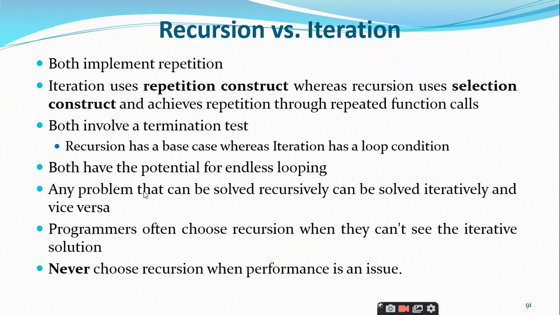Right. Now let us discuss recursion versus iteration. As we have discussed, both of them implement repetition. Both of them are used to repeat a set of statements. Remember that iteration makes use of the repetition constructs. What are the repetition constructs we have? For, while, and do while.